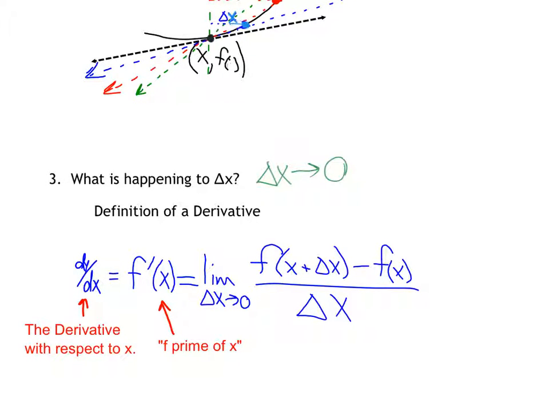You'll see here that the limit as delta x approaches 0 of that slope that we were just looking at is the derivative.